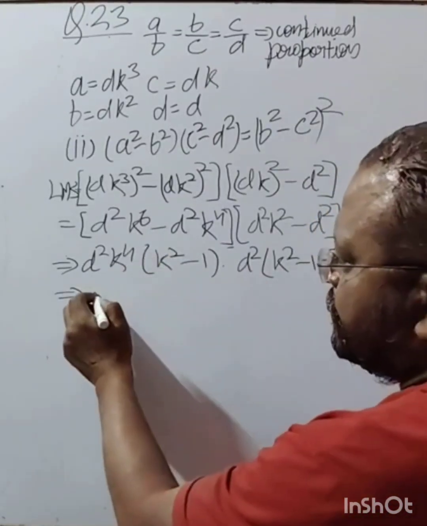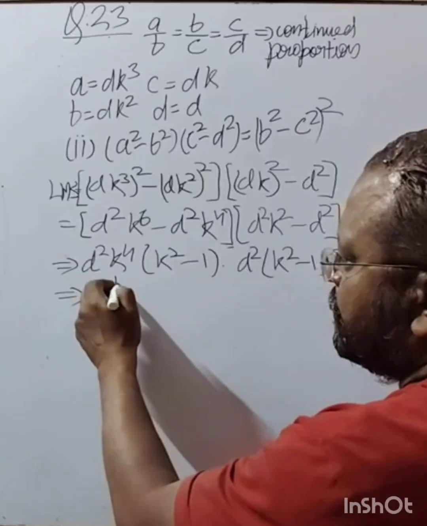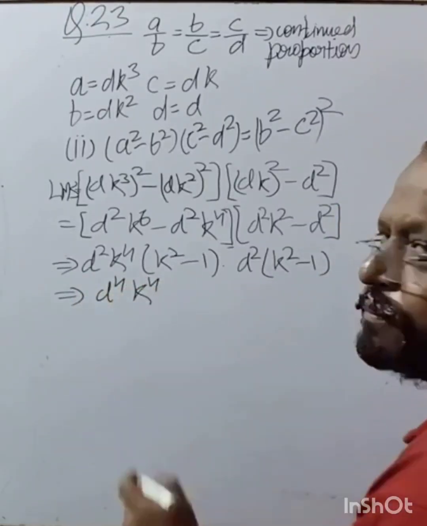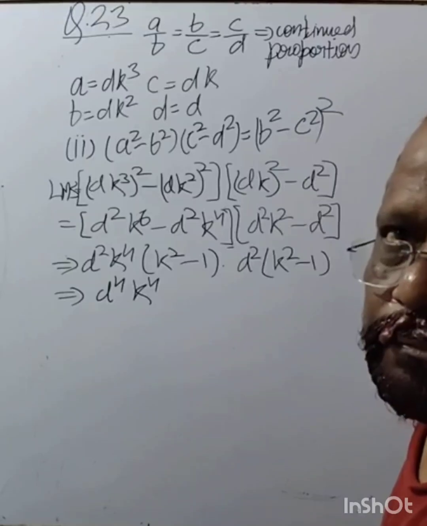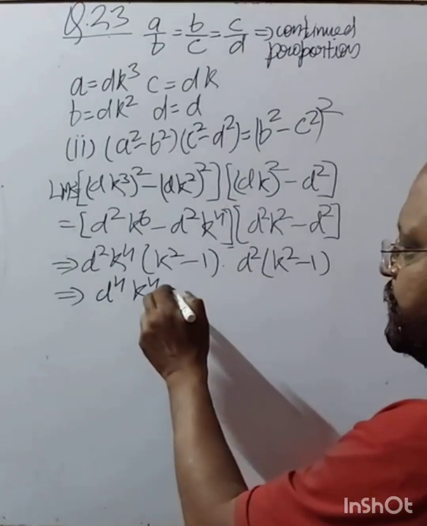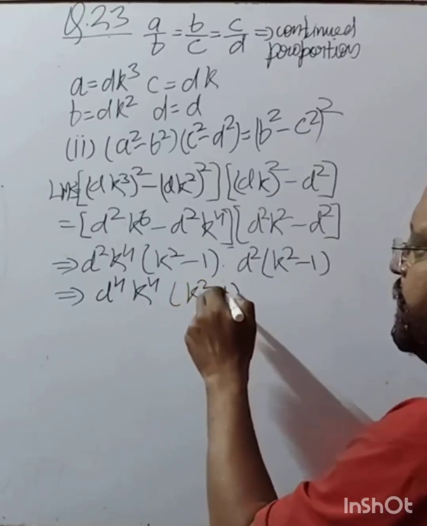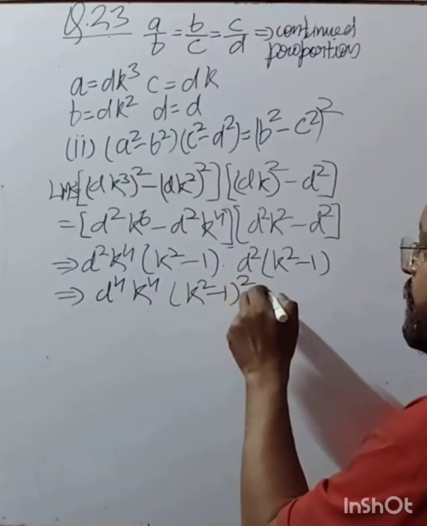Okay, so d raised to the power 4 k raised to the power 4 into k square minus 1 whole square.